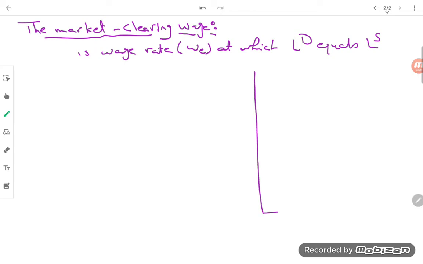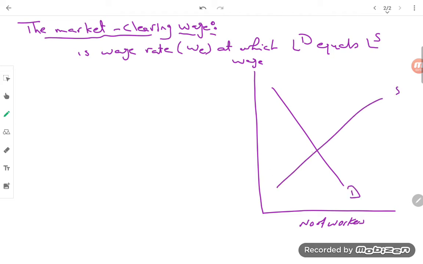So the wage rate can be represented graphically as the point of intersection of the demand and supply curves. This is the demand curve for labor, and this is the supply curve. The point of intersection is the point of equilibrium at WE, or the market clearing wage.